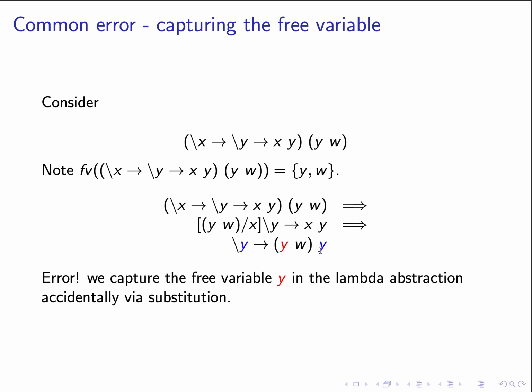But the issue here is that we are accidentally putting the free variable y, which comes from the outer scope, into the inner scope. Now this y, highlighted in red, is suddenly being put in the scope where y was introduced by the blue lambda abstraction, which is wrong. This would create an unexpected outcome in the program evaluation.